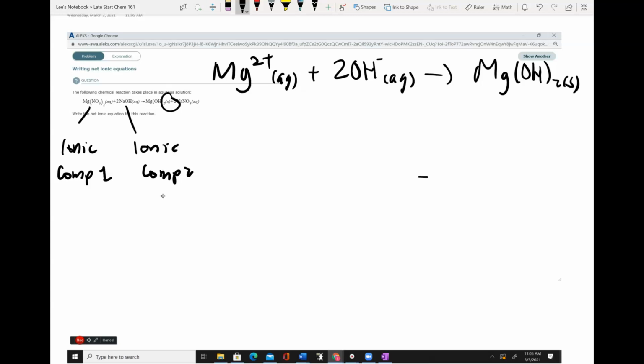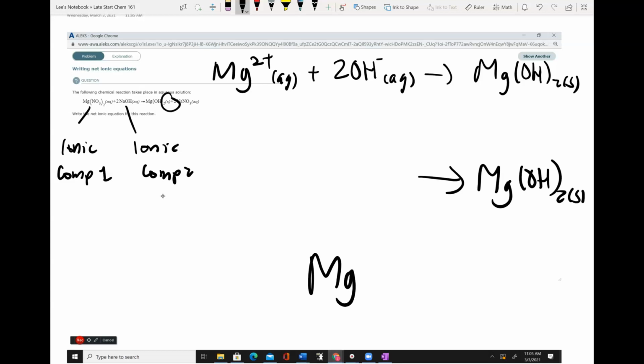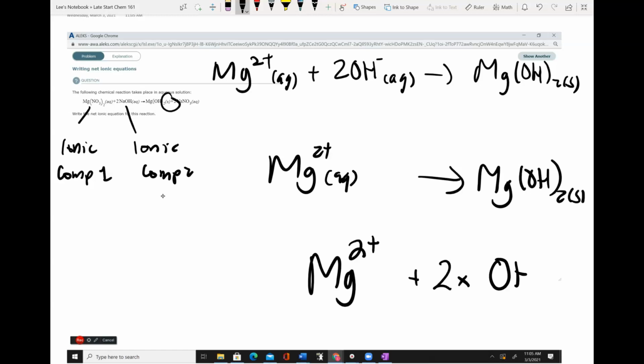What I'm going to do is begin with the precipitate, with the solid. Then I'm going to work backwards and say, what ions is it made from? Well, it's made from magnesium ions, and because magnesium is in group 2A, they're 2+. It's also made from hydroxide ions, and there's 2 of those, and they are OH-.